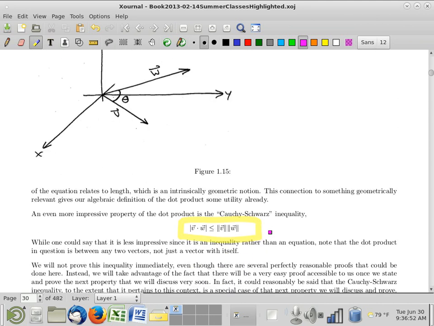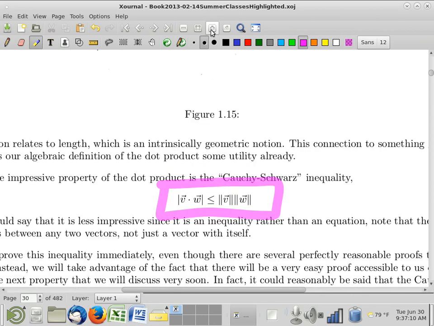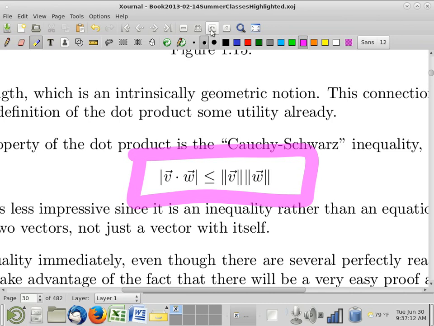One of the really big ones here is what we call the Cauchy-Schwarz inequality. And that's this right here. And this is starting to get more impressive. Look at what the Cauchy-Schwarz inequality says. Let me zoom in on that. Any two vectors, for one thing, not just a vector with itself, right?